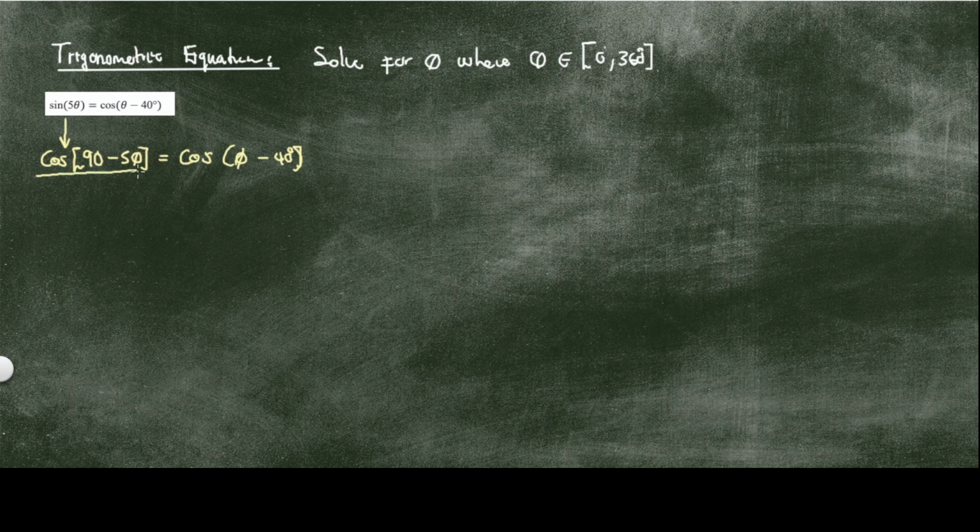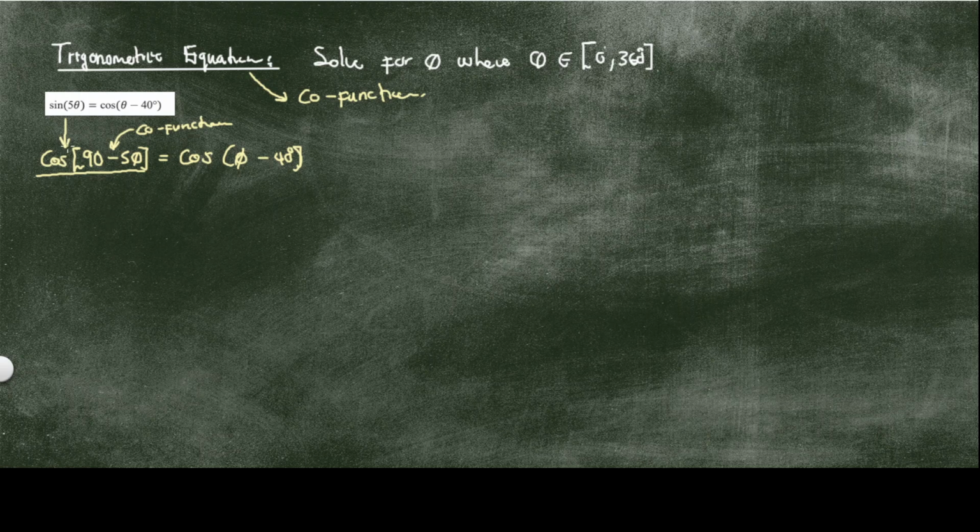This is actually a co-function, right? So these types of equations are co-function types or co-ratio types. You need to rewrite one of the ratios as a co-function of the other, right?